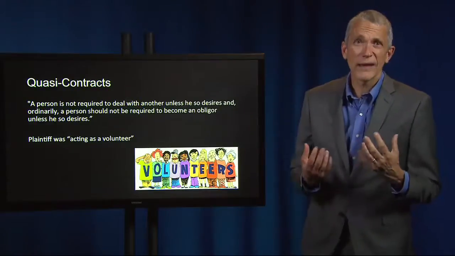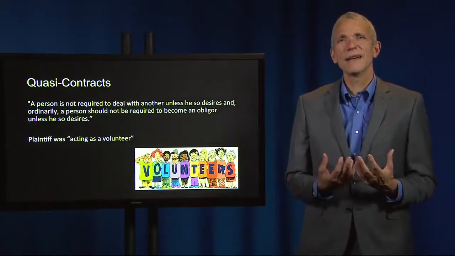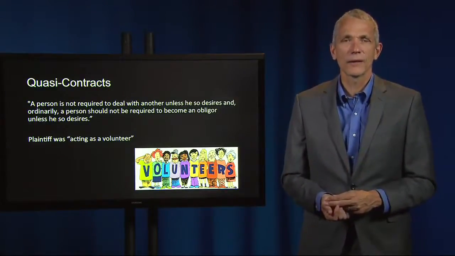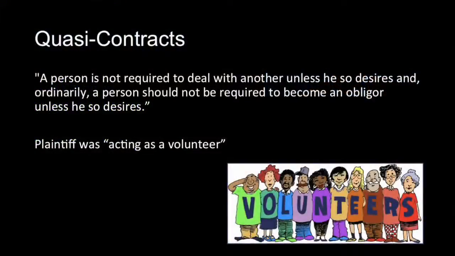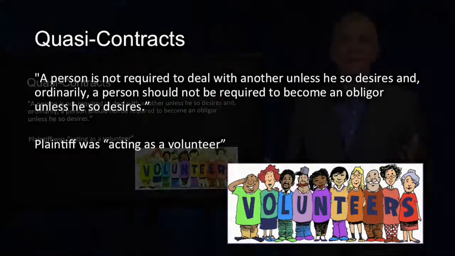The court especially emphasized the importance of respecting individual autonomy in contracts, saying, quote, "A person is not required to deal with another unless he desires to, and ordinarily a person should not be required to become an obligor unless he so desires." Another way to think about the issue is that the plaintiff was acting as a volunteer.